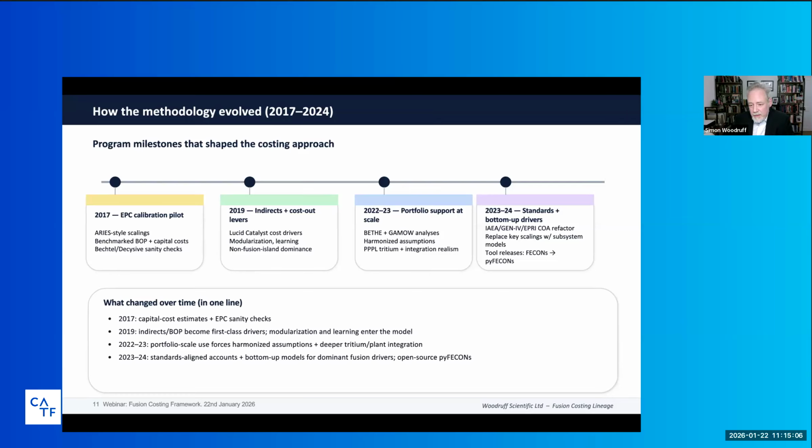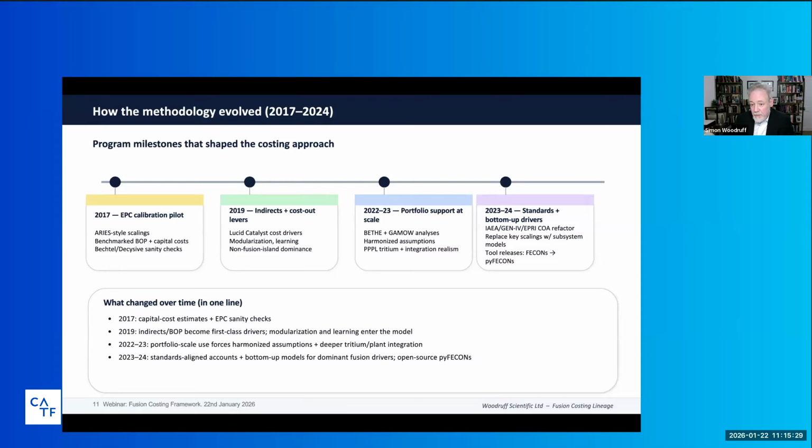But that's been embedded in everything that we've been doing from the outset, to think how to do a very standardized costing. So if you've seen the reports, they're all the same. They all have the same sections. They all have the same major cost account categories. And the methodology that we pursue in the cost accounts is always the same.